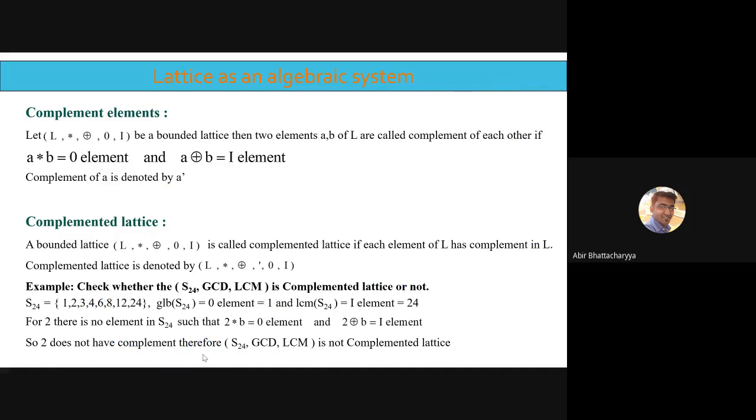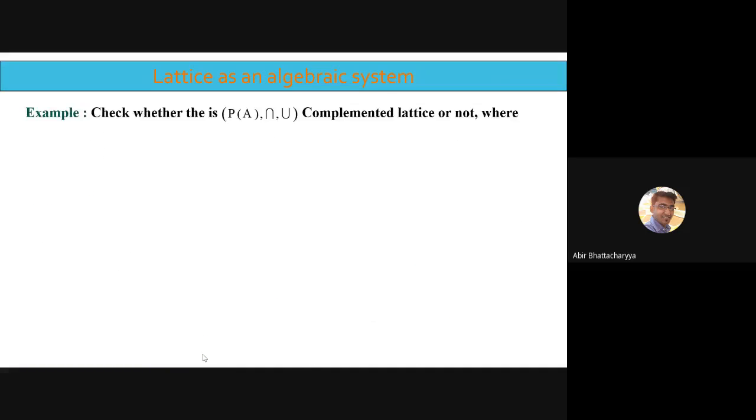Okay, so moving forward to the next example. Check whether it is a complemented lattice or not. Write down your answer in the chat box quickly.